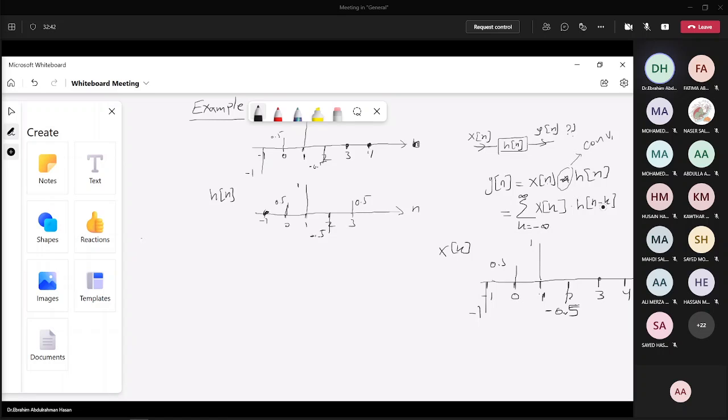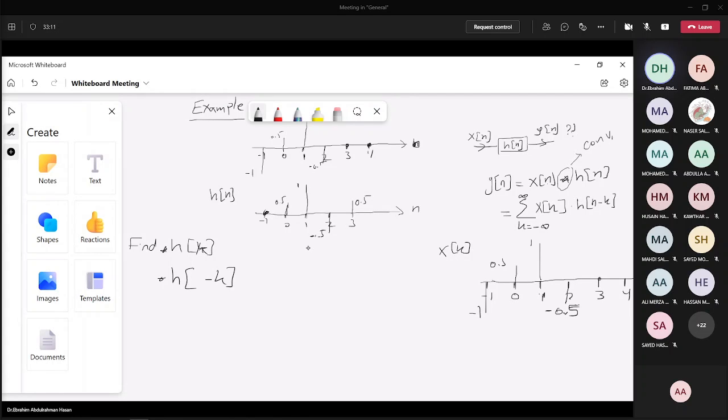So this is the first step: find h of k. Just change the variable. This is k and this is k. Step number 2, you need to find h of minus k, and h of minus k is just flipping this one.